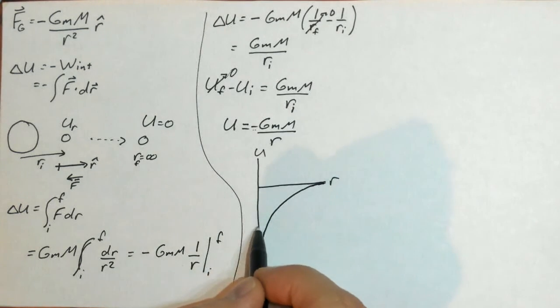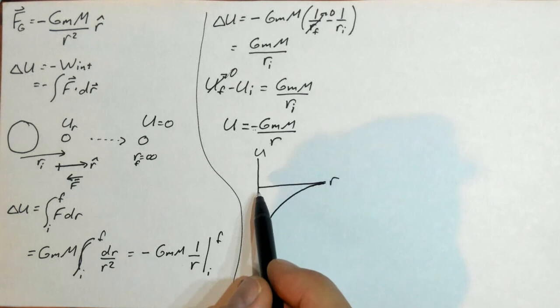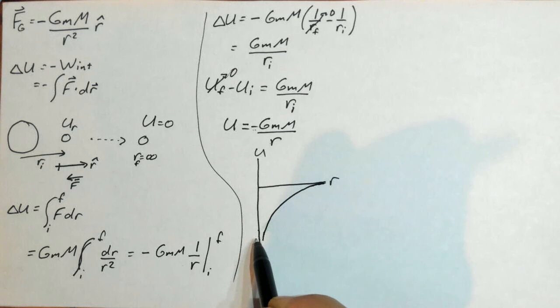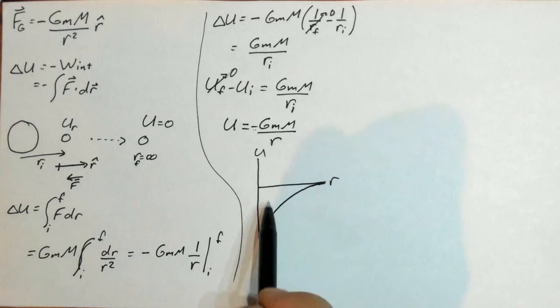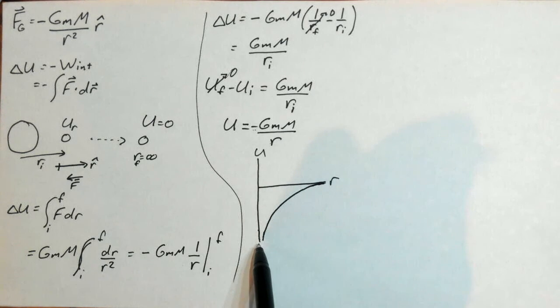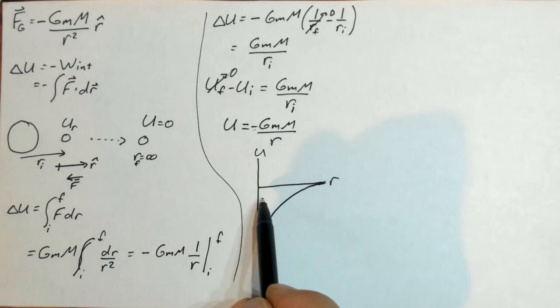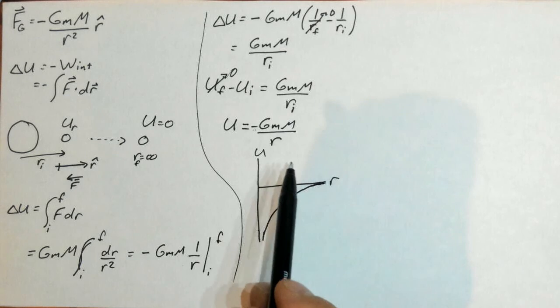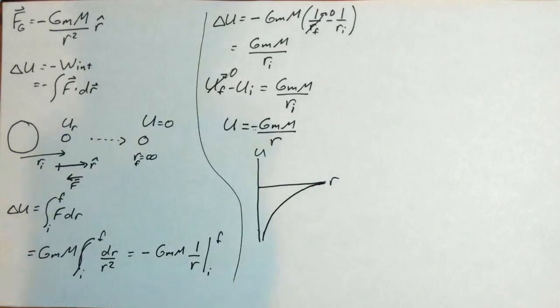So when I am super far away, my potential is very big and negative. When I get closer, it becomes less negative. Okay, and so my potential energy is getting closer to 0. Okay, so it does work out.